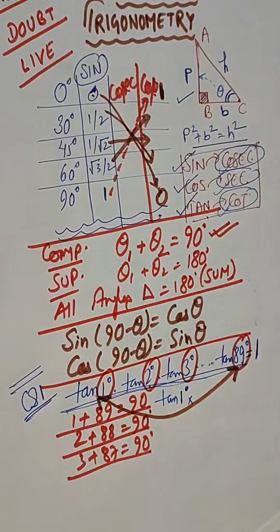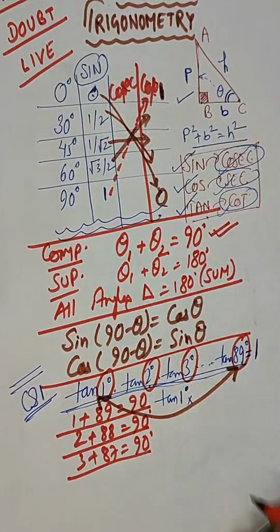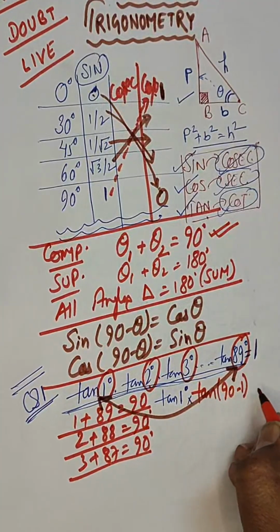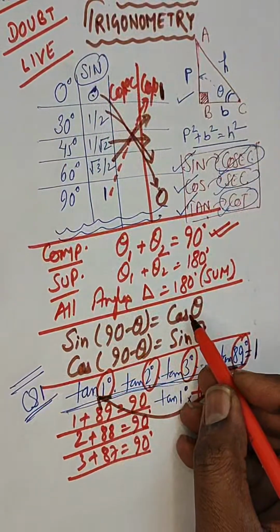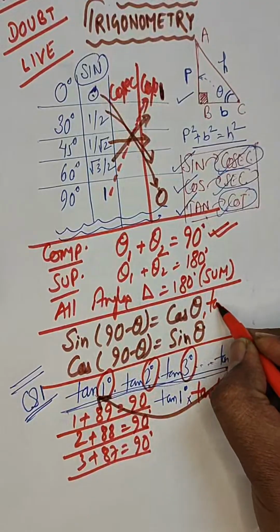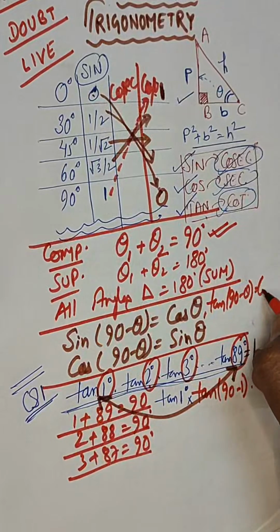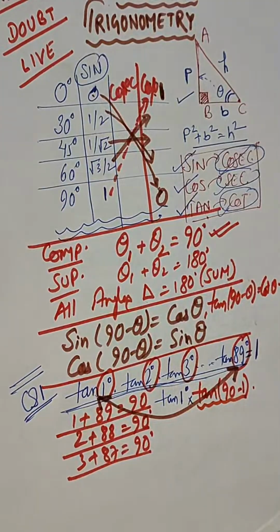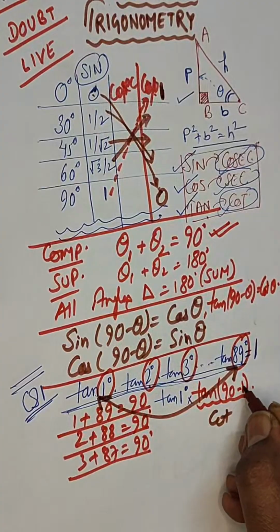Tan 89 degree can be written as tan of 90 minus 1, because you know that sine 90 minus theta is cos theta. Similarly, tan of 90 minus theta is nothing but cot theta. So instead of tan 90 minus theta, you will have cot theta, and theta is 1 degree here.